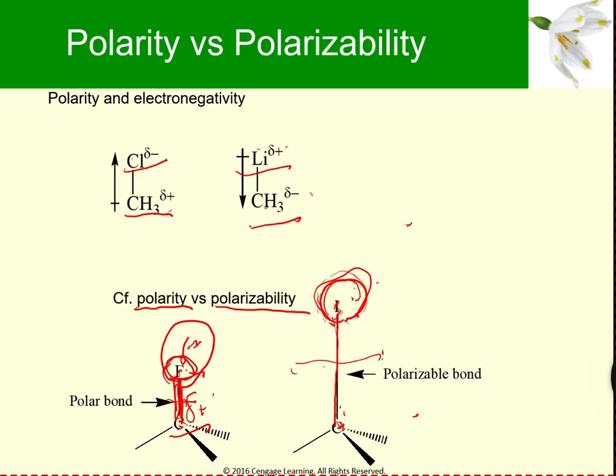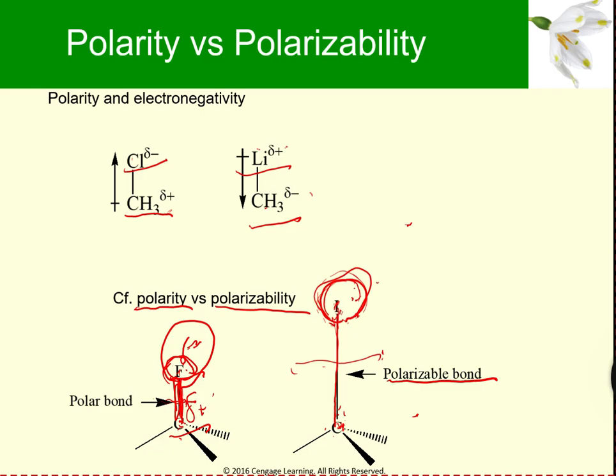So actually, this one is not very polar because the electronegativity difference between carbon and iodine is very small. However, the bond is very long and easy to break. And once it is broken, the I will be charged as minus and carbon will be charged as plus, just like a polar bond. So in this case, we say the CI bond is a polarizable bond. It's not polar because the electronegativity difference is not large.